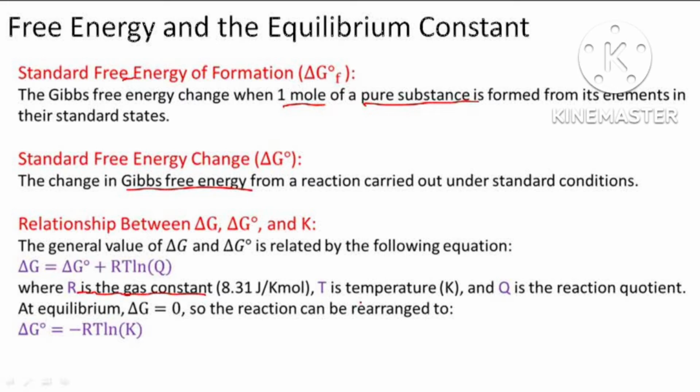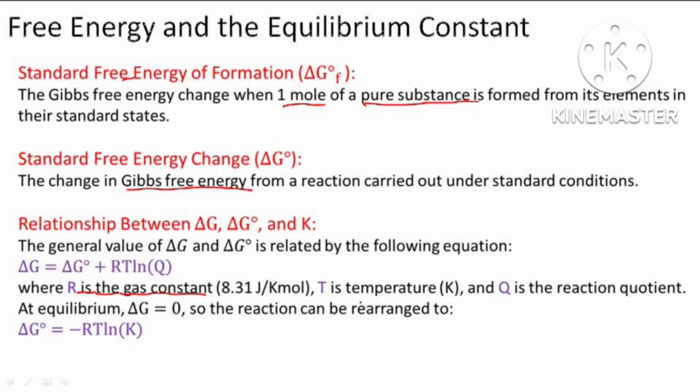Remember this condition, because the question is asked. You can understand the reasoning from the relation minus RT ln K. Here T is a positive temperature. If heat is supplied, then obviously temperature will rise, and T is more, then a minus value will come, so K will be very, very less than 1.